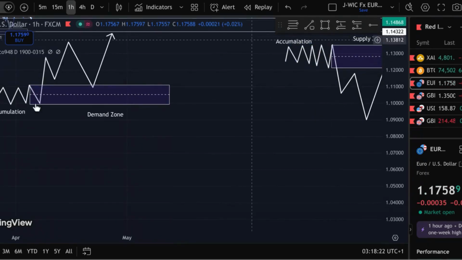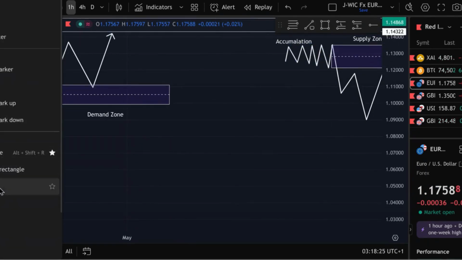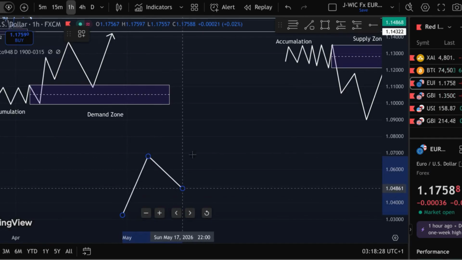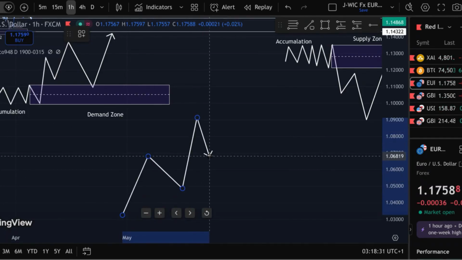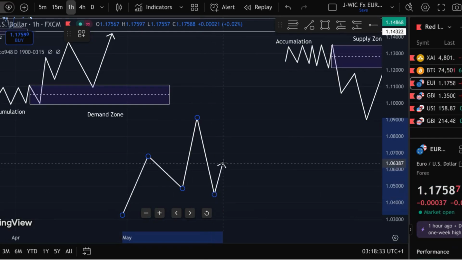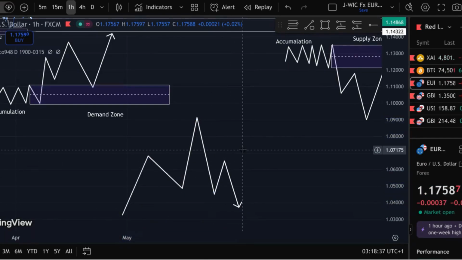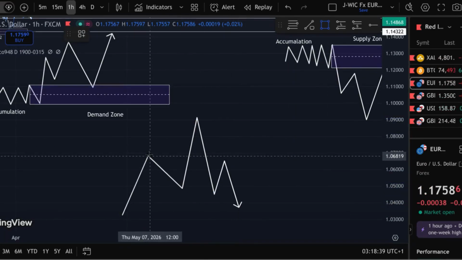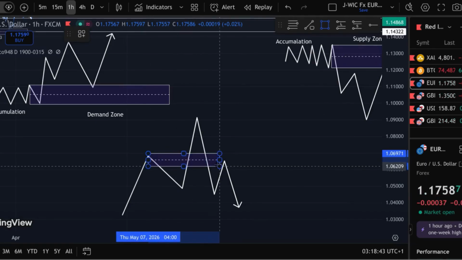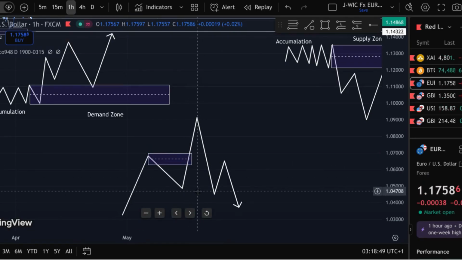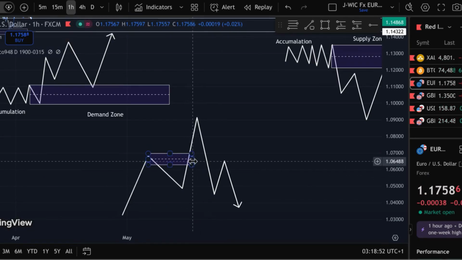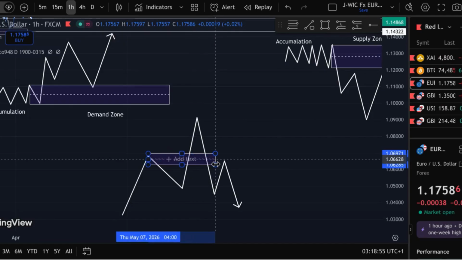So how does a flip zone look? Where we had a supply zone before, we're expecting the market to sell here, but what happened? The market broke it.